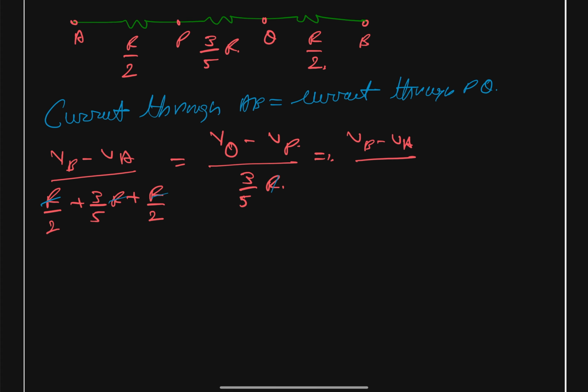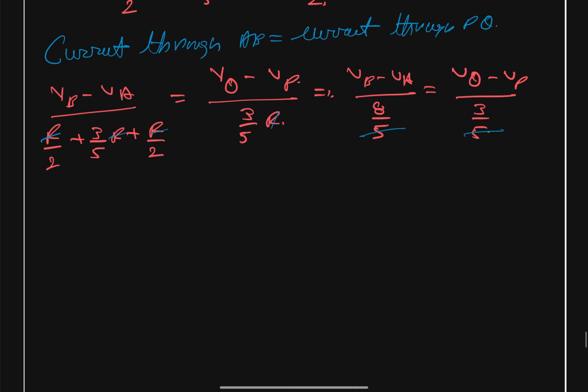So this will be coming as now 10, and one, and this will be 8 by 5 directly. So this will be 8 by 5 is equal to VQ minus VP upon 3 upon 5. So this 5 and 5 also goes away, and now it is quite simple.